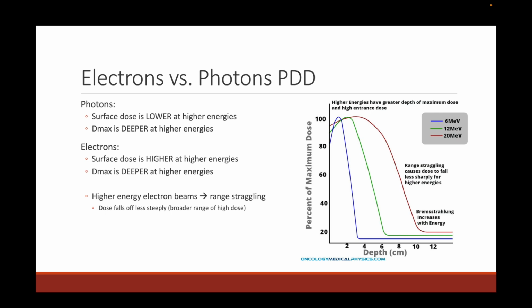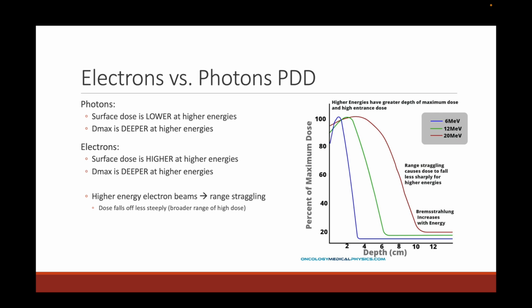For photons and electrons, the relationship between energy and surface dose, however, is opposite. For photons, the surface dose is lower at higher energies, whereas for electrons, the surface dose is higher at higher energies. Once again, if you think about the mechanism, it does make sense, because remember with photons, we talked about how they are not directly ionizing, they are indirectly ionizing.